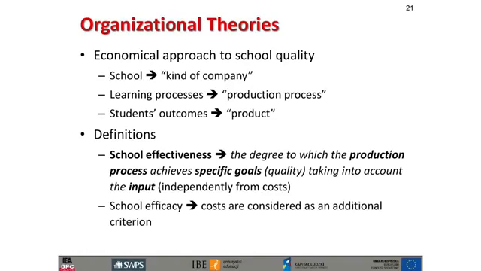School effectiveness can be defined as the degree to which the production process achieves specific goals, taking into account the input. And this is a definition which doesn't depend on the costs. However, there was also this term, school efficacy, very much criticized at the beginning of school effectiveness research, that also considered the costs.